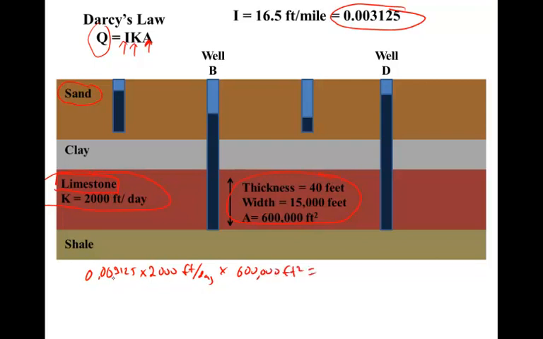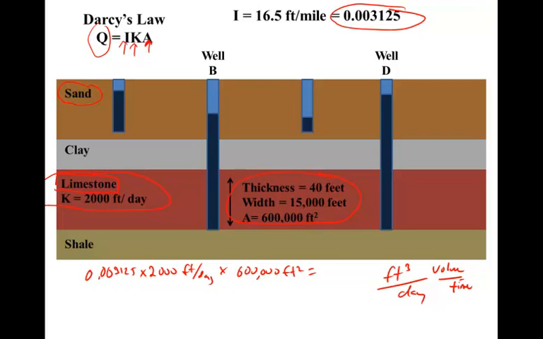Notice our units. Gradient has no units. Conductivity, units of feet per day. Cross-sectional area of the aquifer in units of square feet. So our discharge is going to be in units of cubic feet per day, of volume per time, which is the right units for discharge.